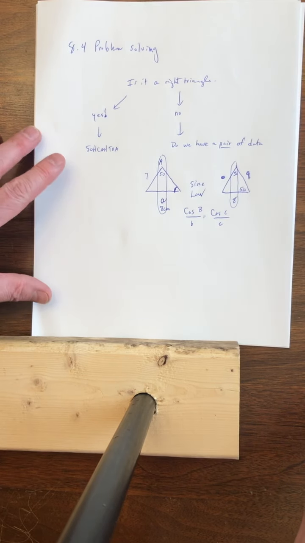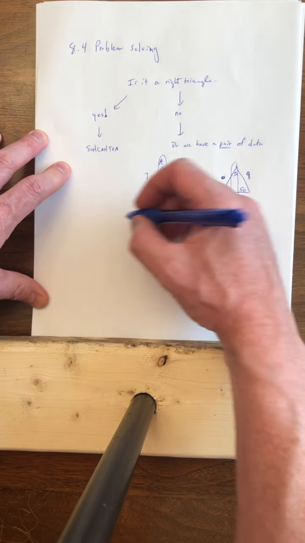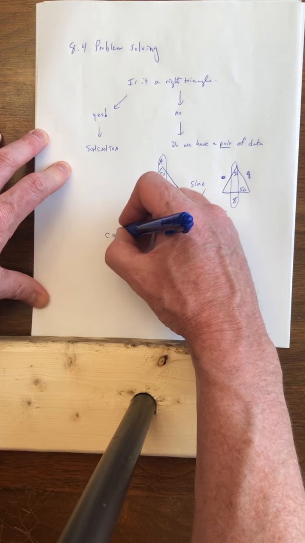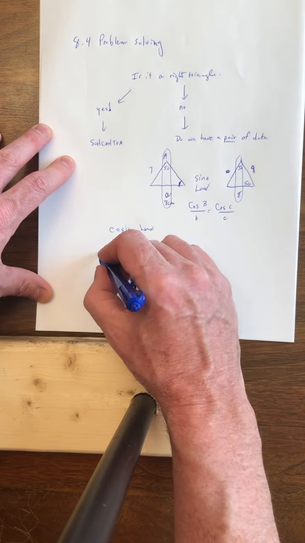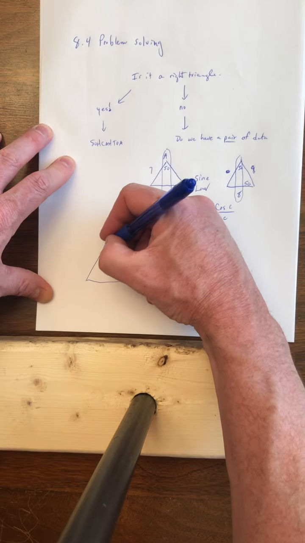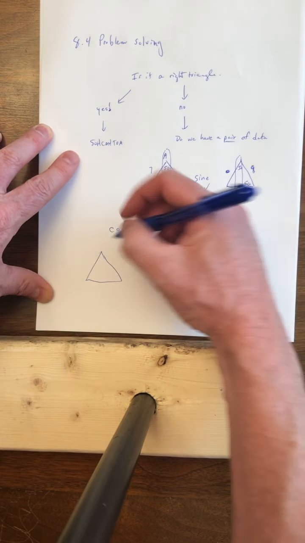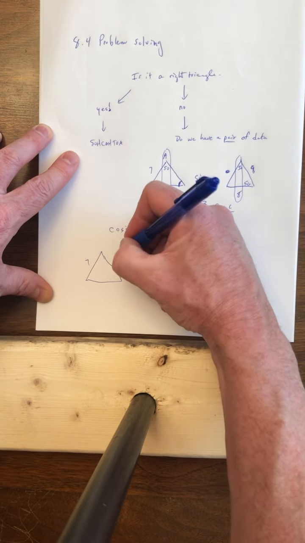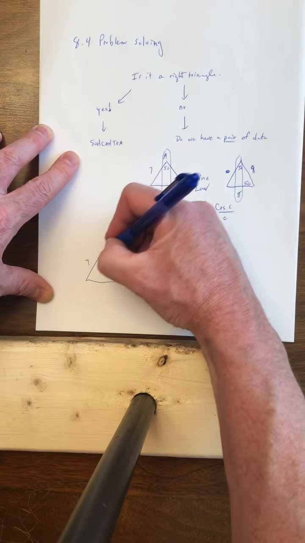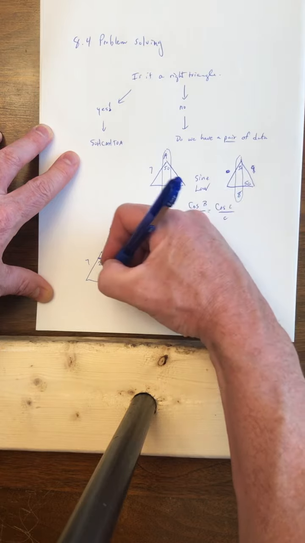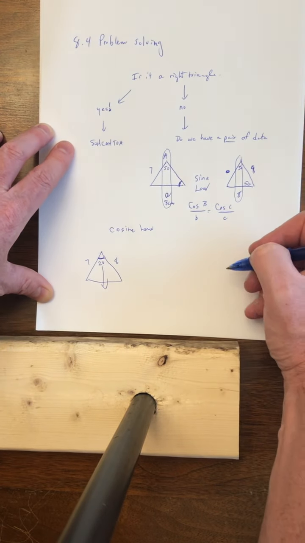And if we don't have a pair of the info, then we're going to go with our cosine law. So that's where we have a triangle and we know two sides and we know the contained angle, and we can use that to find the opposite side.